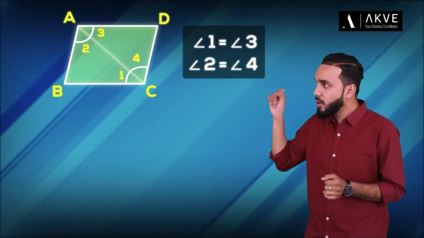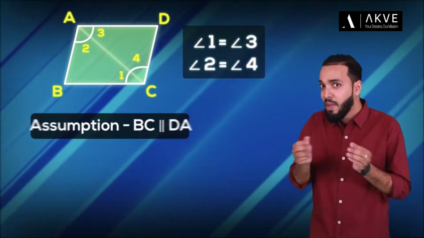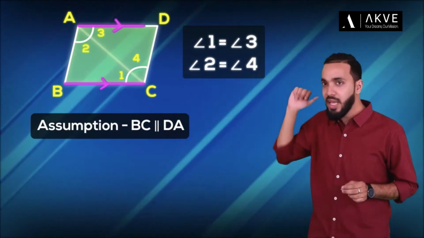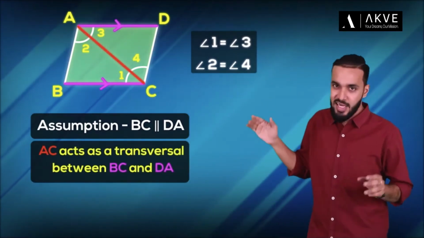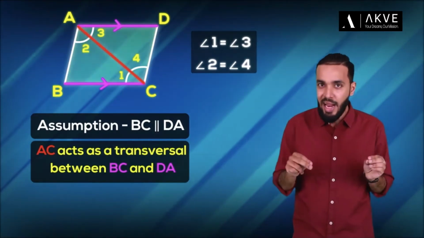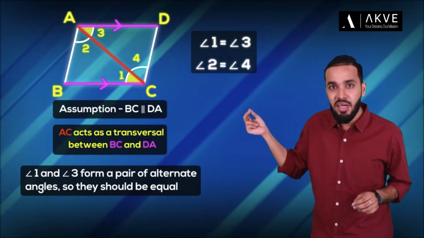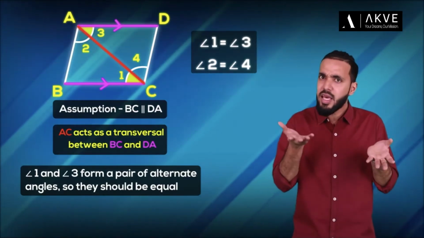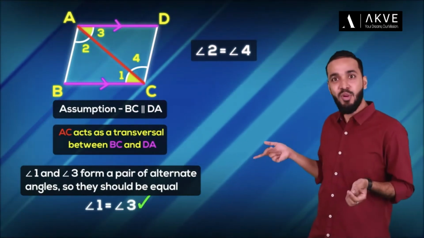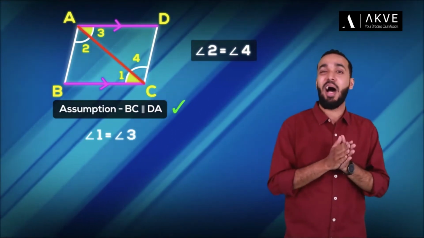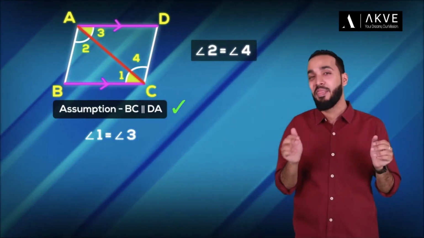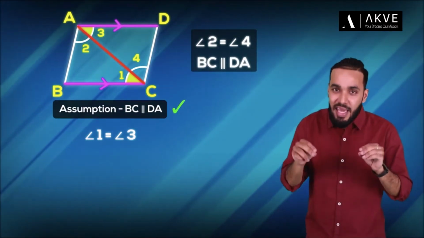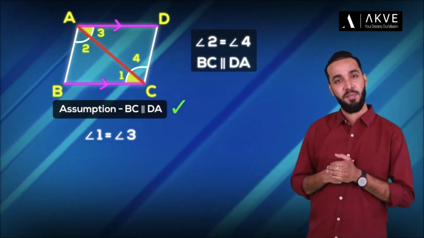Now, in the quadrilateral, if we assume that BC is parallel to DA, then the diagonal AC would act as a transversal and angle 1 and angle 3 would form a pair of alternate angles, which means they would be equal. We just proved that they really are. So our assumption is correct. That is, BC is parallel to DA.